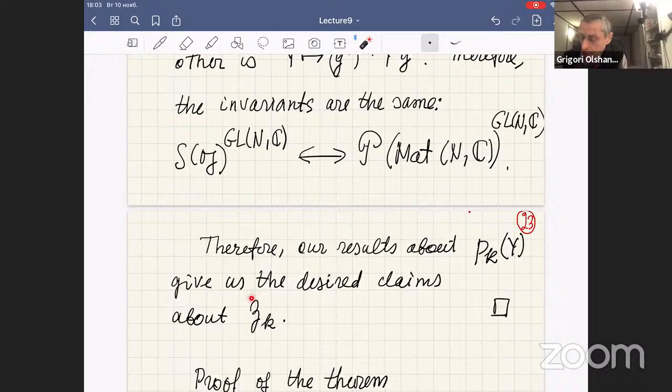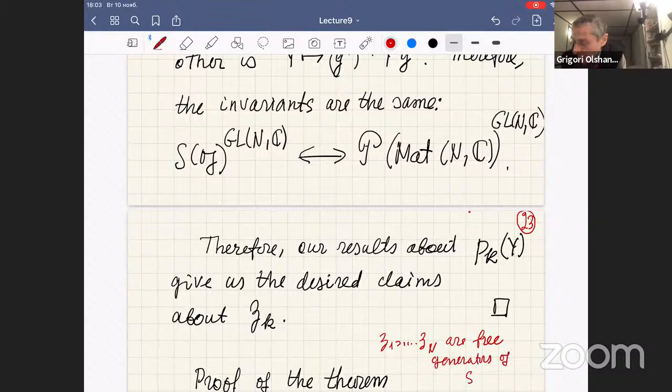So I repeat again: what have we proved? We have proved that these elements are free generators of the subalgebra of invariants of the symmetric algebra.